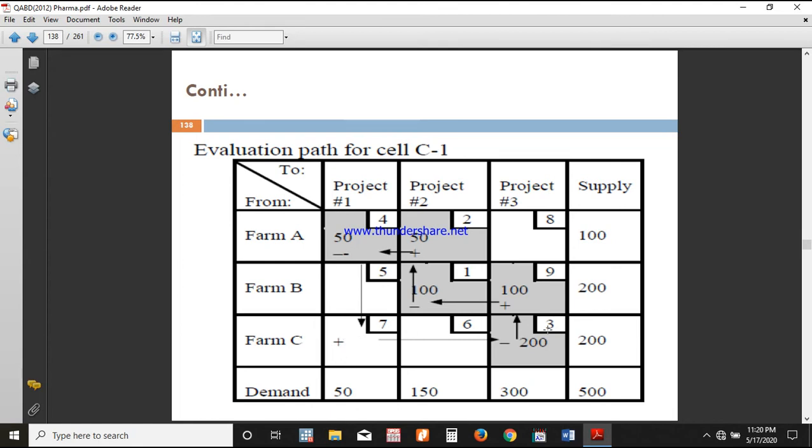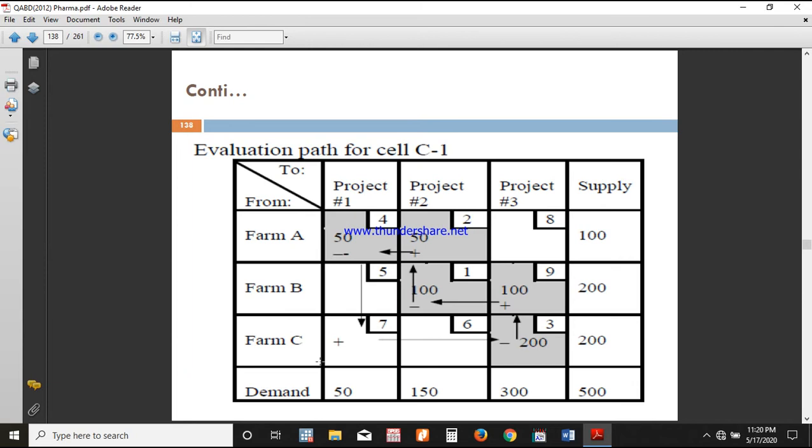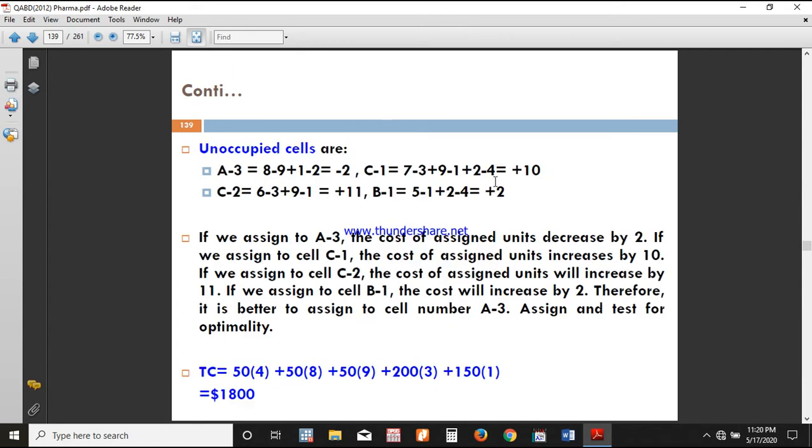Plus 7, minus 3, plus 9, minus 1, plus 2, minus 4 will clearly become plus 10. For C2, plus 6, minus 3, plus 9, minus 1 will become clearly plus 1.